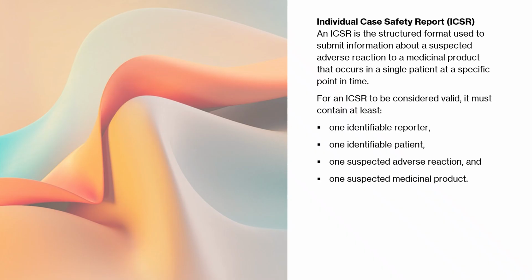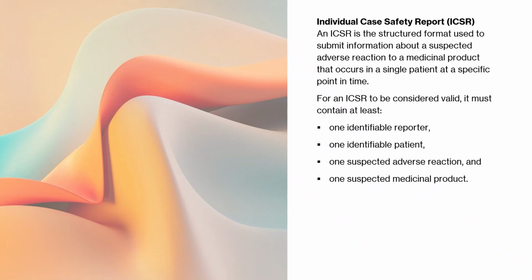Now let's take another scenario where a report says that some patients in the hospital had fever after using drug Y, but no patient details or reporter identity are given. What we have here is drug Y, which is the suspected medicinal product.